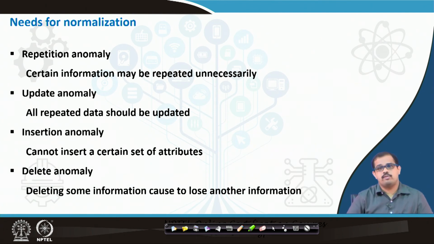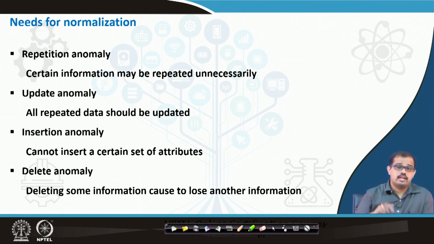Then insertion anomaly, where you are looking at insertion of data, that anomaly can also be removed from the database because of normalization. Then you have delete anomaly. When I say delete anomaly, deleting some information causes the loss of other information, so that anomaly can be removed with normalization. That is exactly why we need normalization.